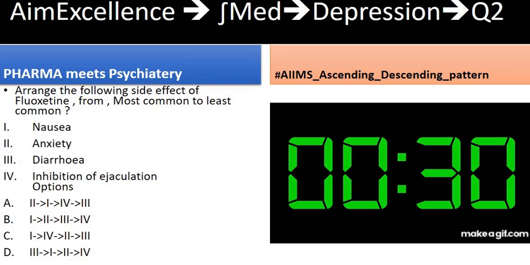The most common side effect of fluoxetine is nausea. Then anxiety, then diarrhea, and lastly inhibition of ejaculation. So the answer from most common to least common is 1, 2, 3, 4.